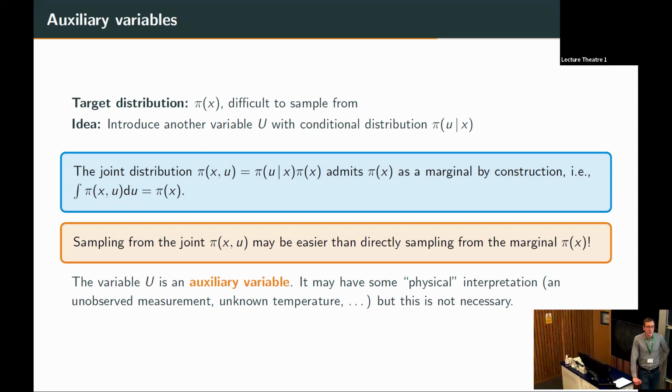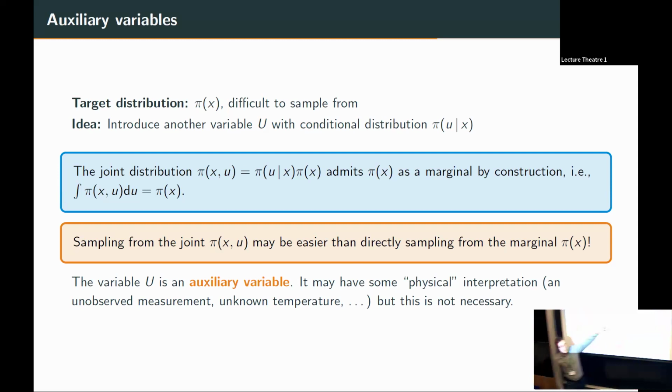I will do this in such a way that the joint distribution pi of x comma u admits the original target pi of x as a marginal. And specifically, that will always be the case if we construct this directly in terms of some conditional distribution over u given x, and then I define the joint as simply the product of the original target and this conditional.